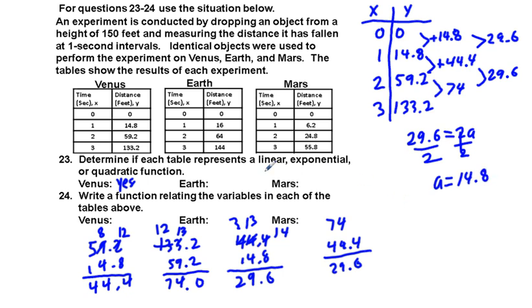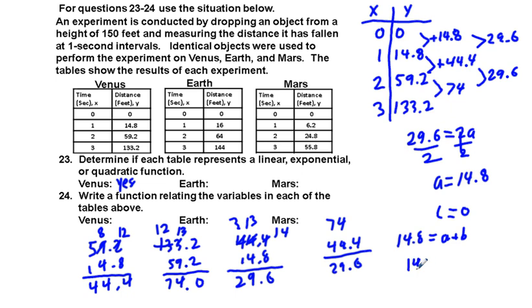So that's a. c is 0 because we have a y-intercept of 0, so c equals 0. And lastly, for our first difference between the two, we're going to have 14.8 equals a plus b. And we already determined that our a is 14.8.